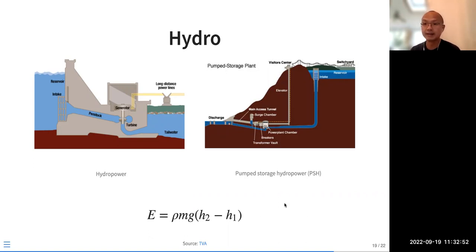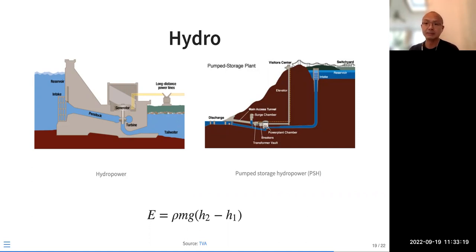Hydropower is still hydro, but it serves as storage. This is increasingly important as we bring in more renewable solar and wind, which are variable, and pumped storage hydropower provides cheap, reliable storage that can help integrate those variable resources.